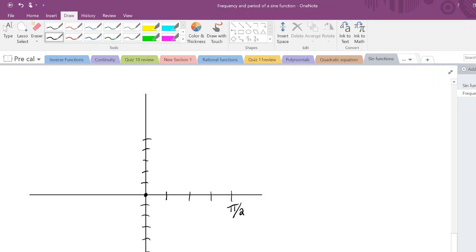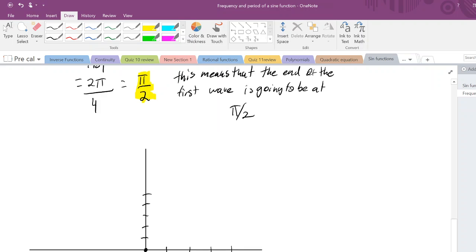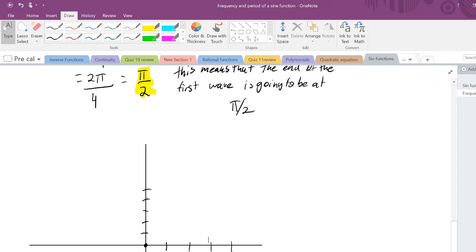Now, you're wondering, how am I going to figure out what these points are? All you have to do is grab that period that you found, pi divided by 2, and divide that by 4. Why by 4? Because those are the 4 points that you need.